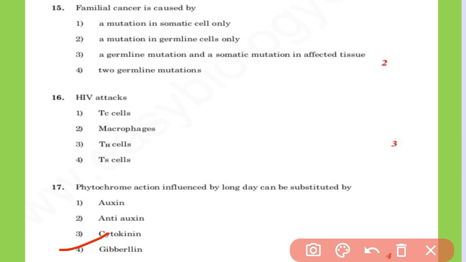Other examples are NPA, that is 1-N-naphthylphthalamic acid, and TIBA, that is 2,3,5-triiodobenzoic acid, which blocks auxin transport. By blocking the transport of auxin, they prevent the action of the auxin. The option third is cytokinin. It is responsible for cell division. So for this particular question, the answer is gibberellin.